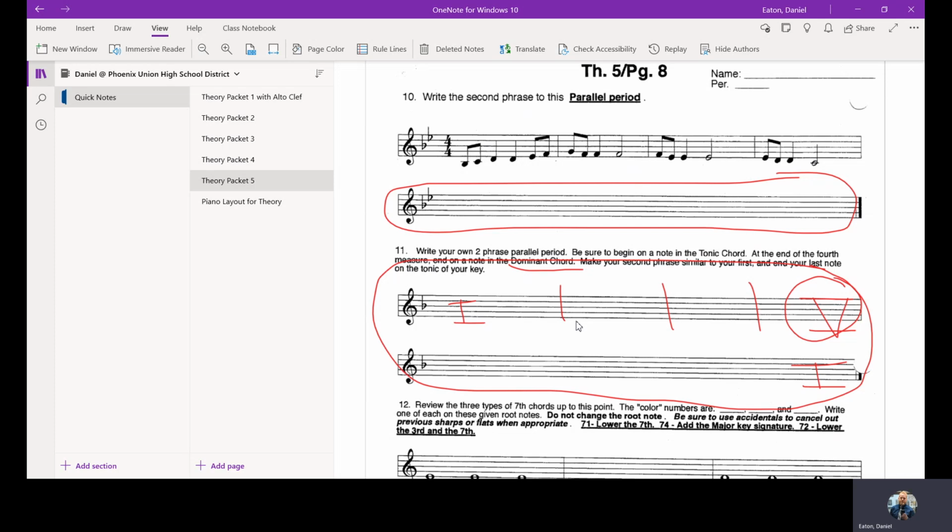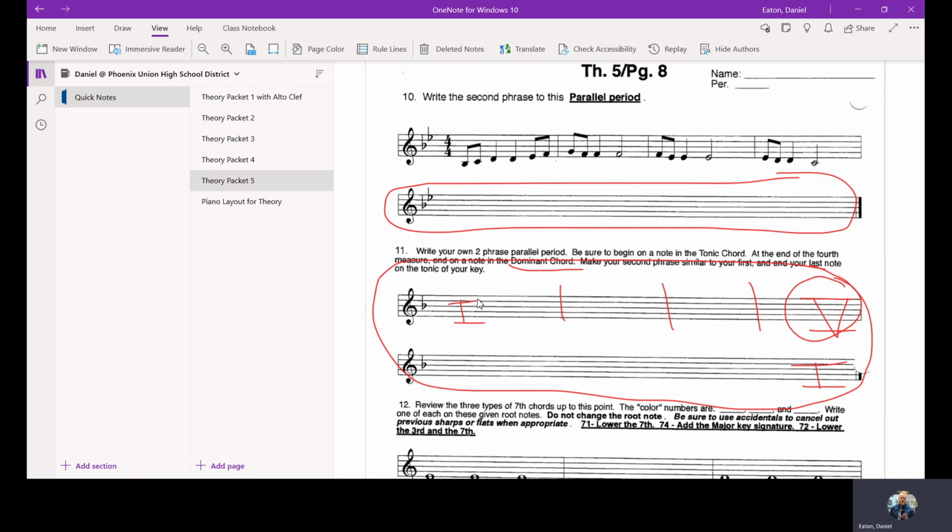I will say, again, try to keep it simple, try to keep it easy, don't overcomplicate it. And if you really want to write something crazy that's in like 5/8 or 13/16, I guess you could do that, but just remember when I'm grading this, if you make it super complicated, I'm probably going to grade it super complicated as well. So again, my advice to you, keep it easy, 4/4 or 2/4.